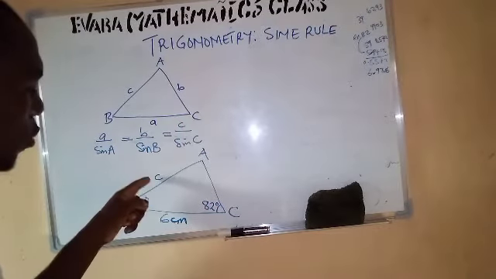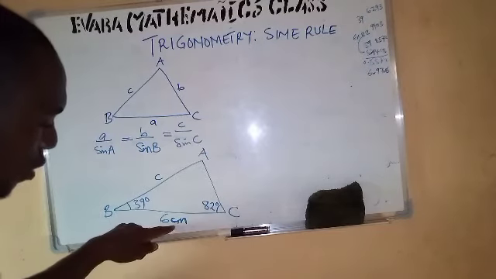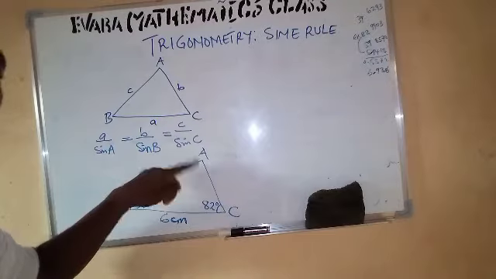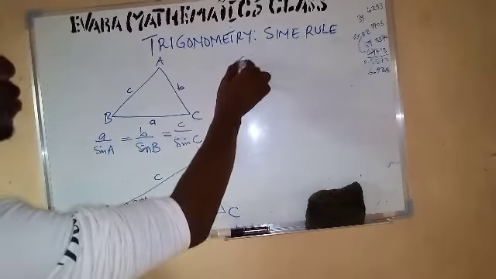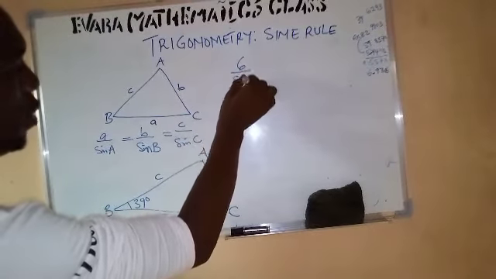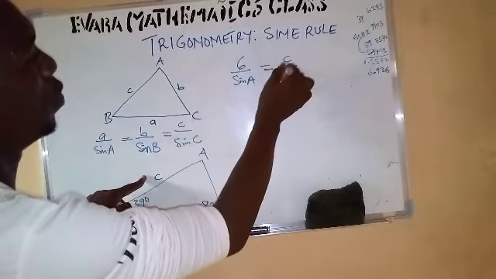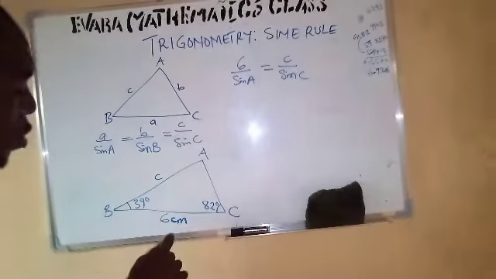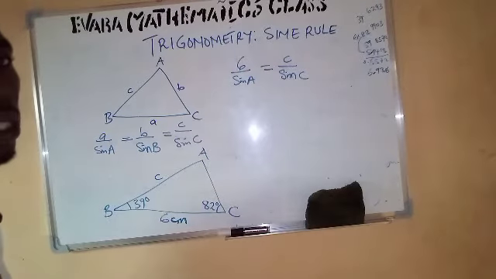So, for us to get this C now, since the side we are given is opposite to this angle A, that means we'll be using 6 over sine A is equal to C over sine C, which is this one over sine this equals this one over sine this one.